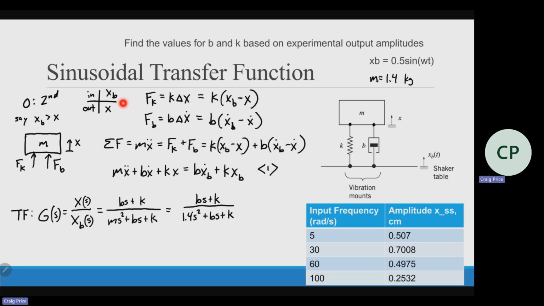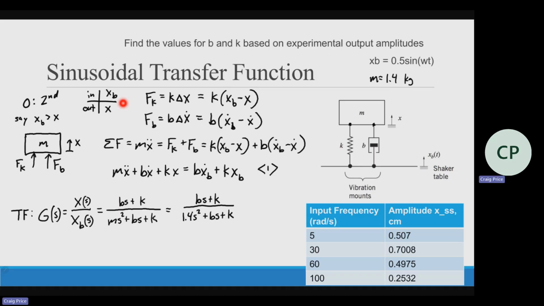But again, we have some material, maybe some kind of rubber spacer or something, that has a stiffness and damping that's really hard for us to determine. And so that's our next step: taking this transfer function and, based on the frequency and the outputs that we see, determining what B and K are.